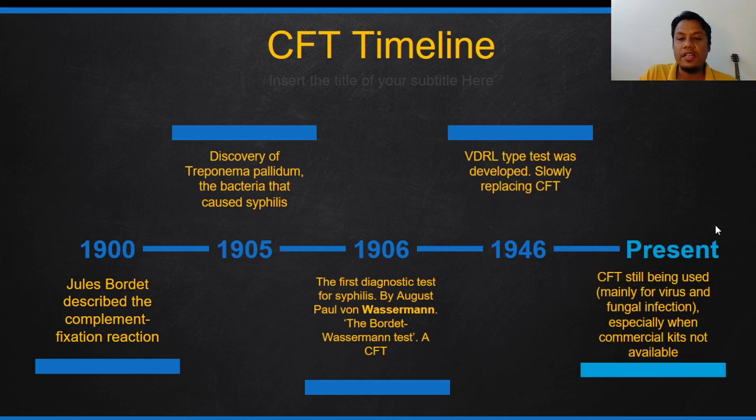At present, CFT is no longer used for syphilis, but is still used mainly for virus and fungal infections, especially when commercial kits are not available in that particular lab. The commercial kits we are talking about here are, for example, the ELISA test.